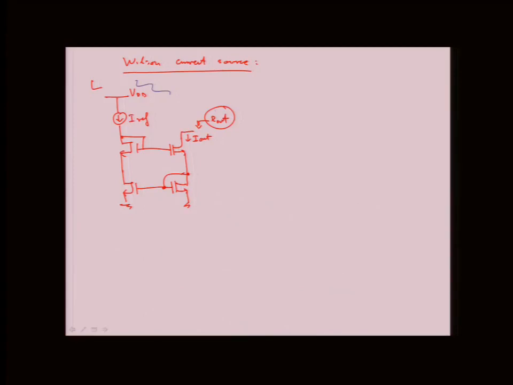We did this derivation already, but it was really brute force, just going through the KVL, KCL of the small signal model, because we didn't really know how to analyze feedback back then. But now we should just be able to apply the Blackman formula as long as we can figure out what the loop really is.